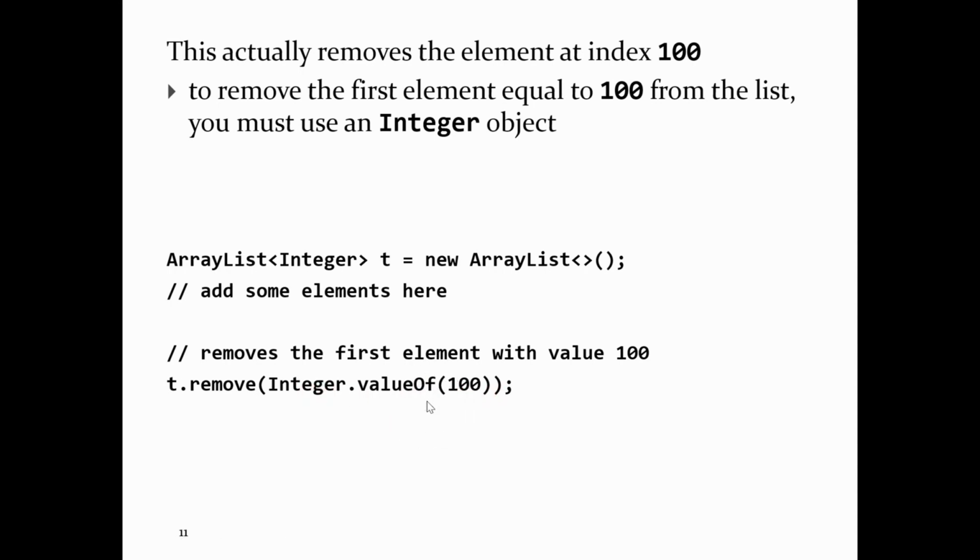So Integer.valueOf is a static method that will make an Integer object whose value is 100. And so that works. So this is the one situation you have to remember where you can't treat a list as though it were exactly a list of primitive type.